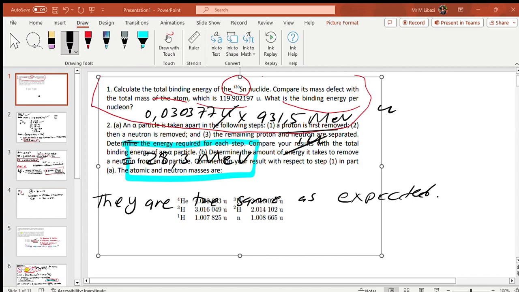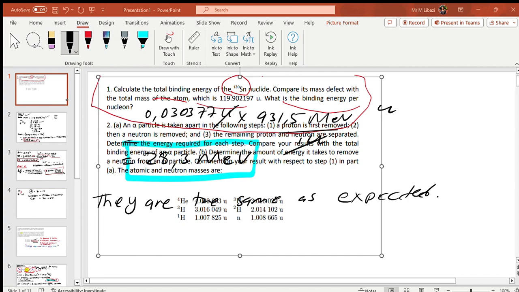So now we said we want to remove a neutron. The change in mass is equal to the mass of H3 plus the mass of that neutron minus the mass of the helium itself.